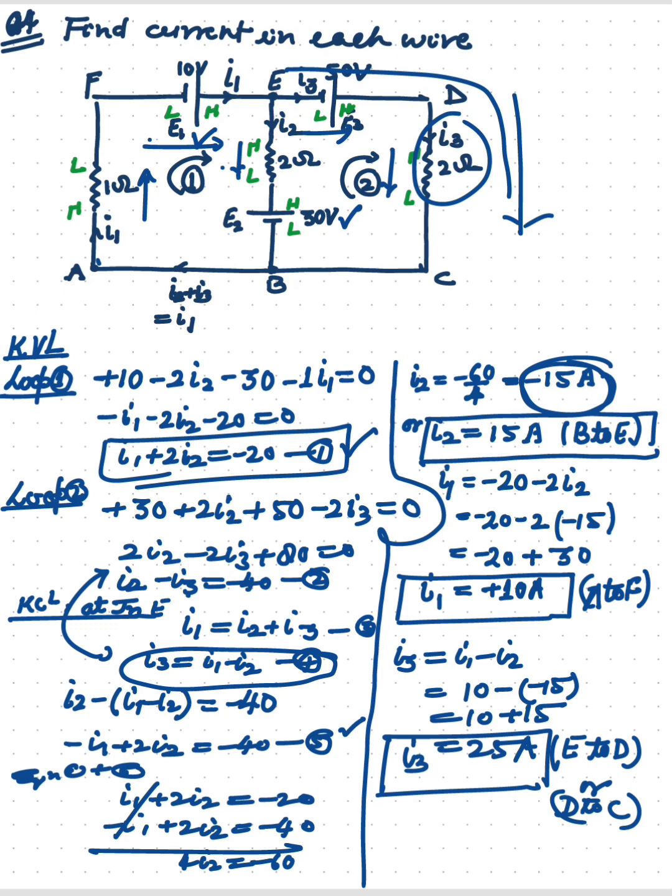Okay, and in my next lecture I will discuss mainly the problems related with the KCL. However, the KCL concept I already used here, but some complicated problems are there. Then I will discuss. Then the nodal analysis problems also I plan to discuss. Okay, so all the best.